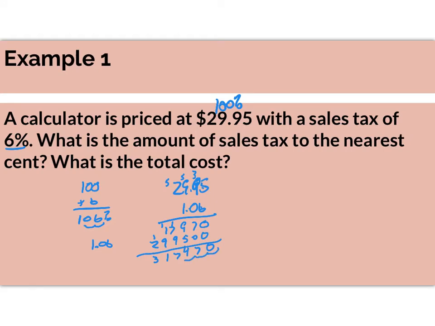So this gives us 31.74. Hey, we got the same number. Oh, wait, no, I was supposed to round that to the nearest hundredth. That's a 7. It should be 75. 31.75. Looks like the same numbers to me. So I believe that this is a faster way of dealing with sales tax and tips.